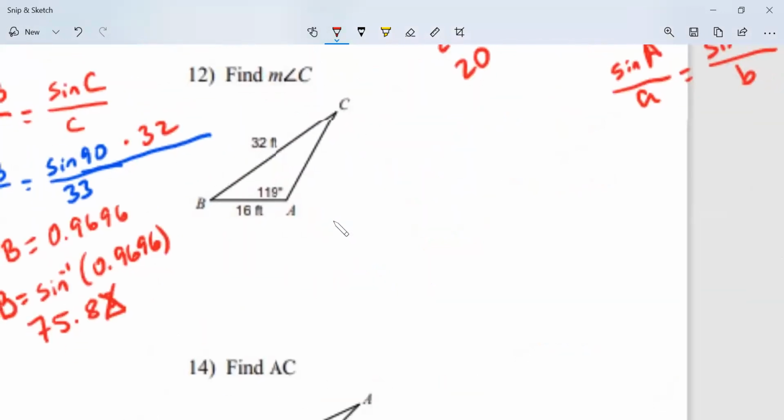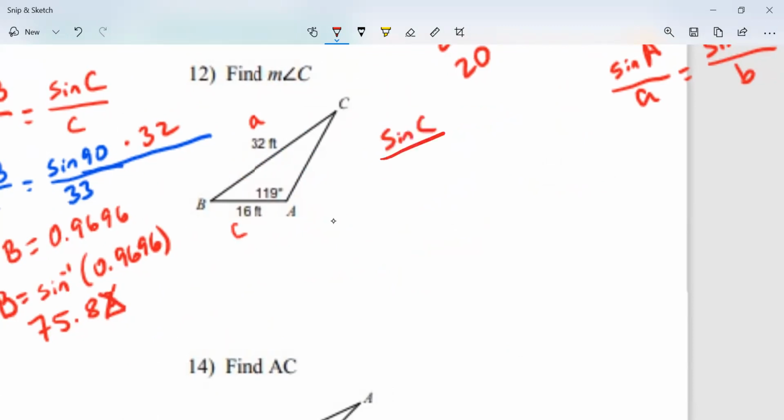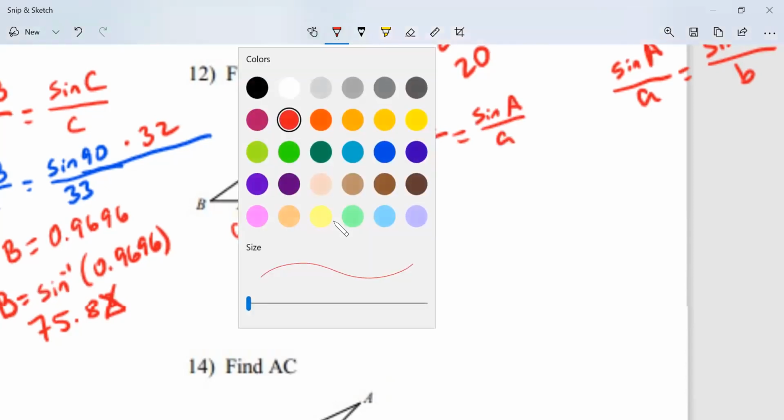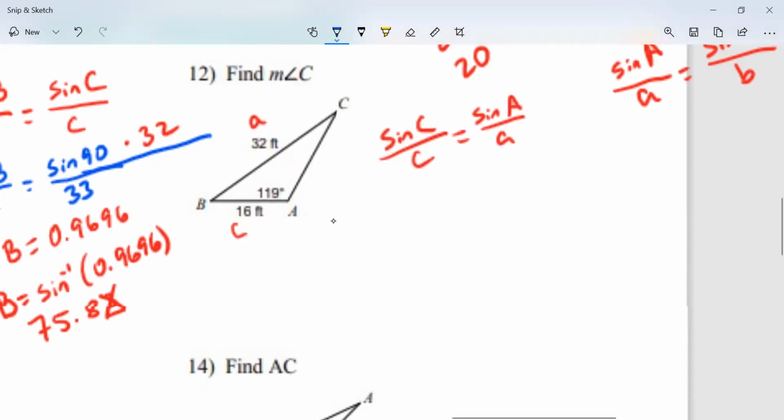Let's take a look at angle C. Question number 12. I have side A, I have side C, and I have angle A. Because I'm solving for the measurement of angle C, I have to use sine of angle C over side C. And then, because I have information about angle A, I'm going to write sine of angle A over side A. Let me replace the values that I know.